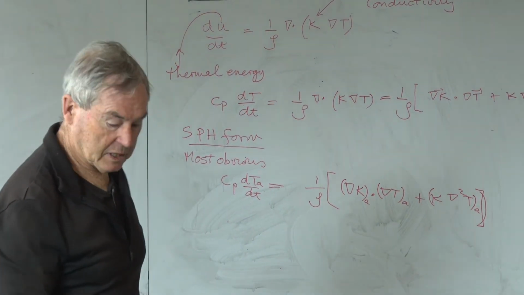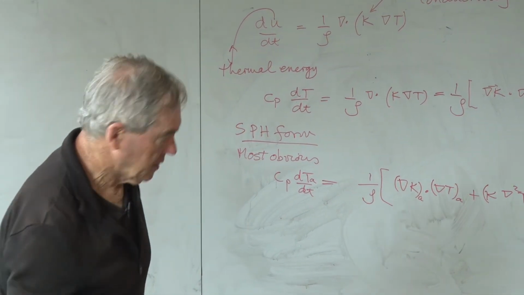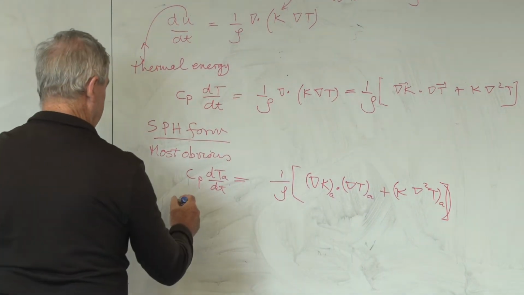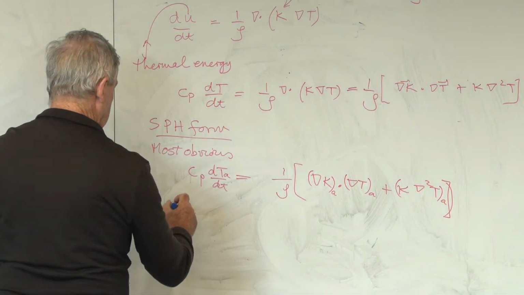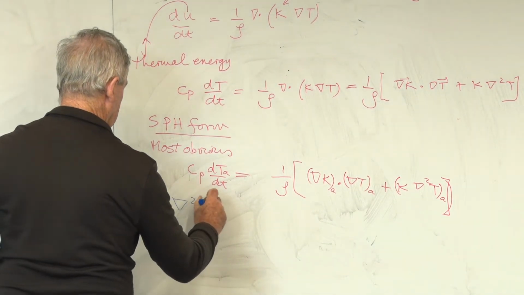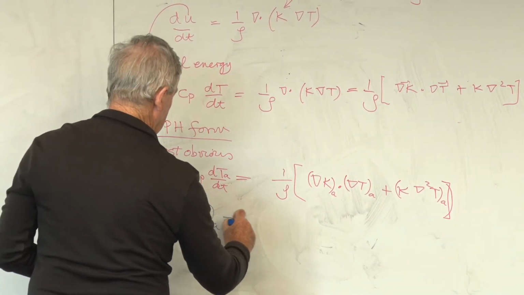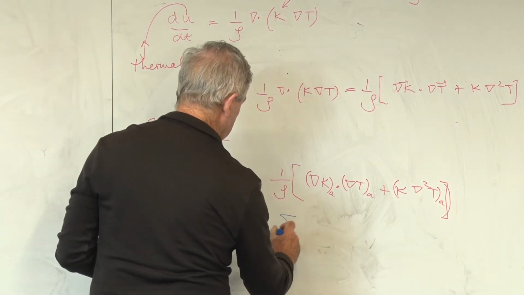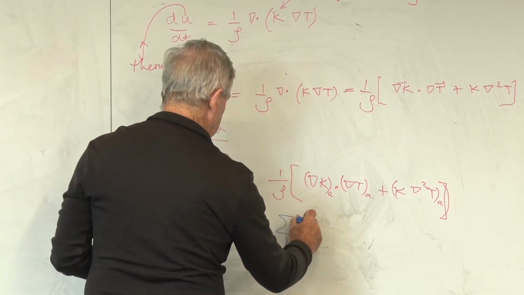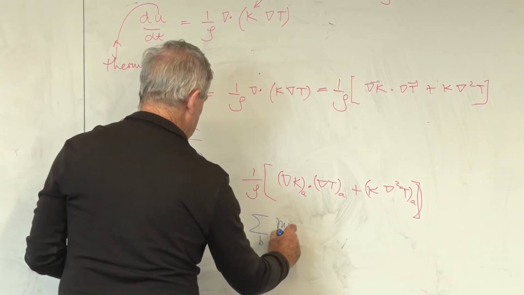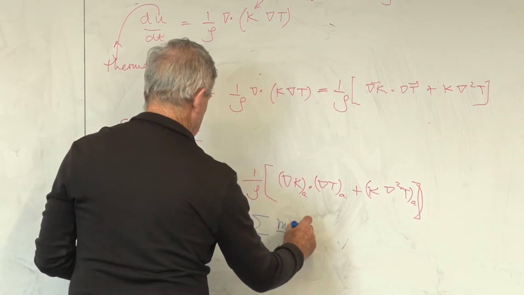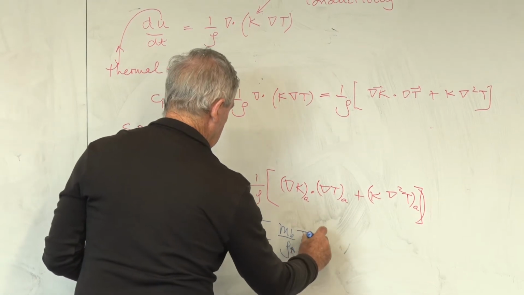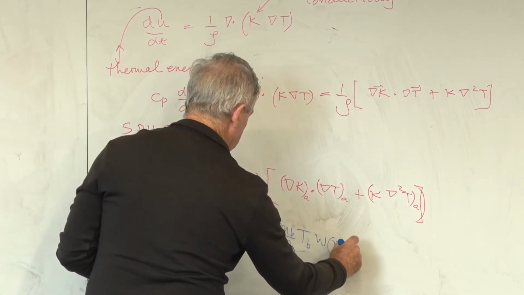Now there are simple ways of finding a second derivative. I sometimes tell you things that are no good, but there are reasons for this. Consider del squared T. This is the second derivative of an interpolated form of T. So I write that as a sum over the other particles, mass of the particle I'm considering, over density, T_b, W(R_a minus R_b).